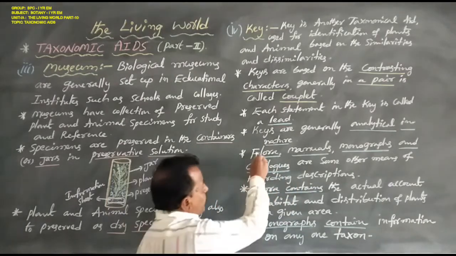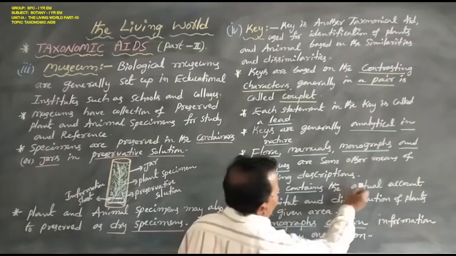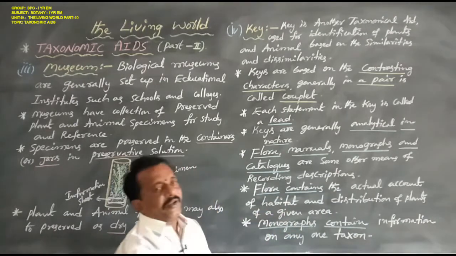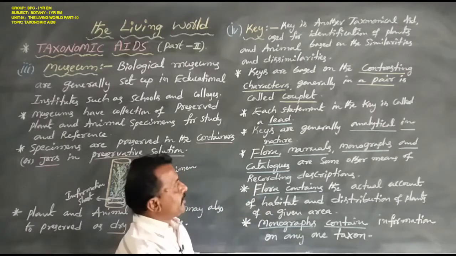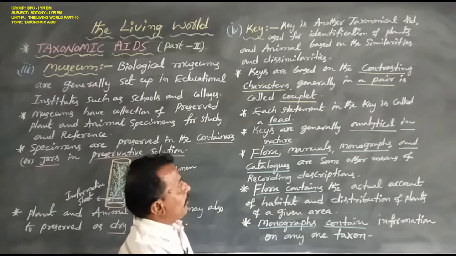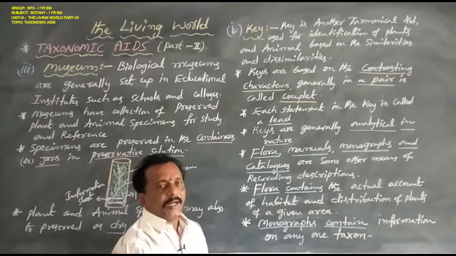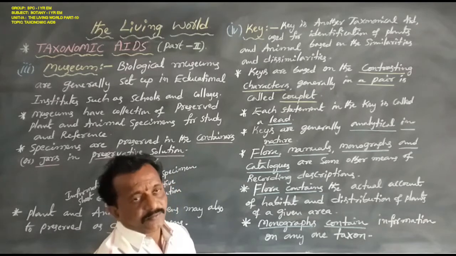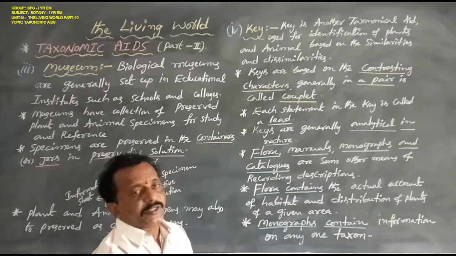First, what is the meaning of flora? Flora contains the actual account of habitat and distribution of plants of a given area. Dear students, generally flora, manuals, monographs and catalogs are available in books. Those books contain information about plant specimens and animal specimens.